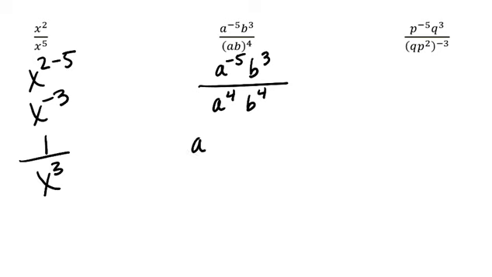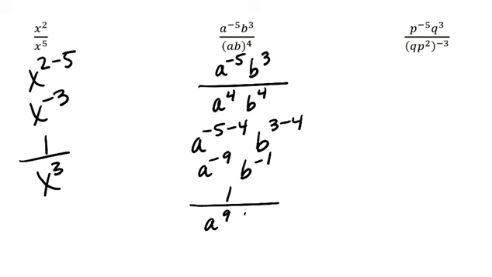Okay, so this is a to the negative 5 minus 4 times b to the 3 minus 4. So a to the negative 9, b to the negative 1 is going to be 1 over a to the 9 multiplied by 1 over b. Okay, so y'all work the one on the right and then just check your answer against mine.